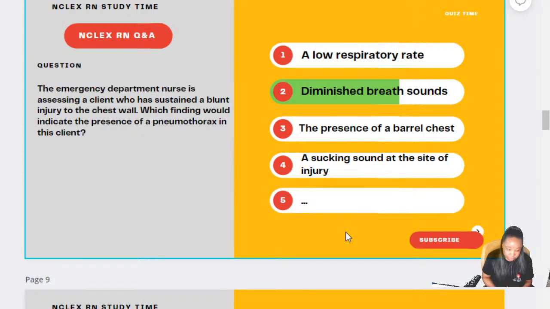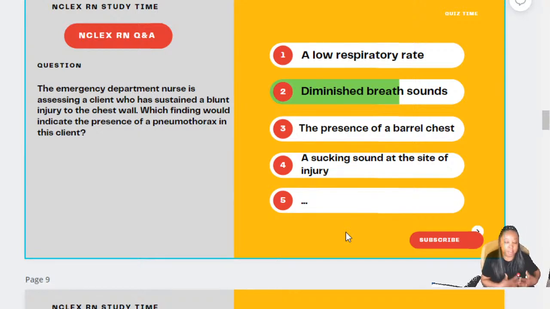You might find a question like this. When you have a diminished breath sound, mostly in pneumothorax, they will talk to you about deviation of the lung and all that. It's too complicated for you. Let's just talk about the diminished breath sound.